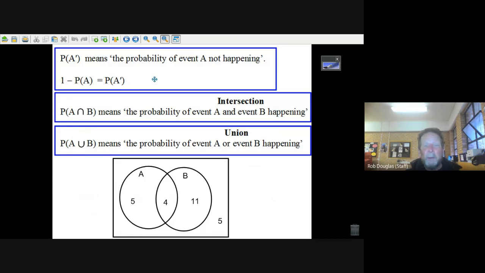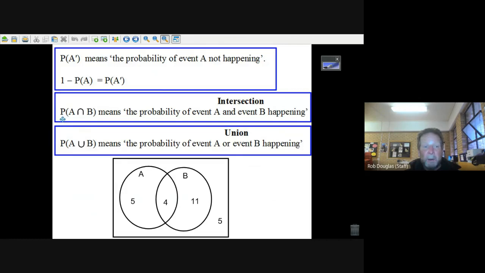It comes up in so many questions in exams. They tell you that the probability of it raining is 30%, and all you do is go 1 minus 30% is 70%. And that's the probability of it not raining. If the chance of it raining is 30%, the probability of it not raining is 1 minus that.